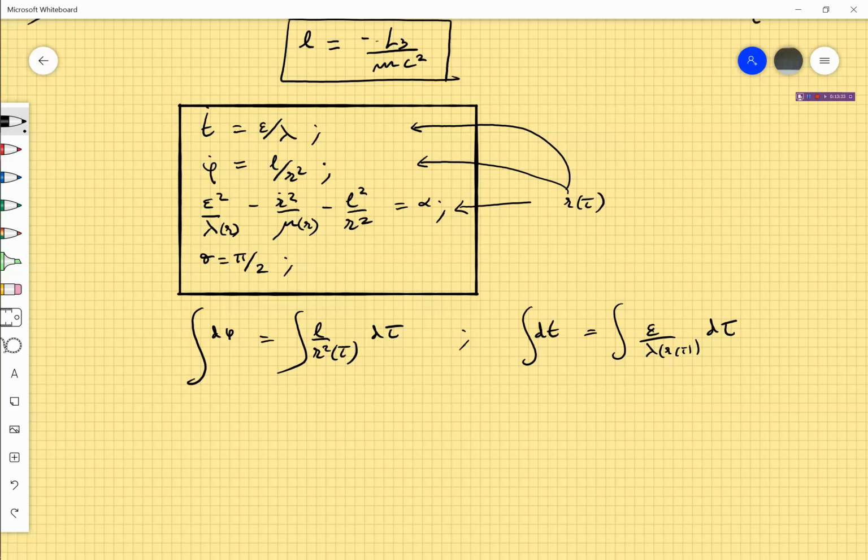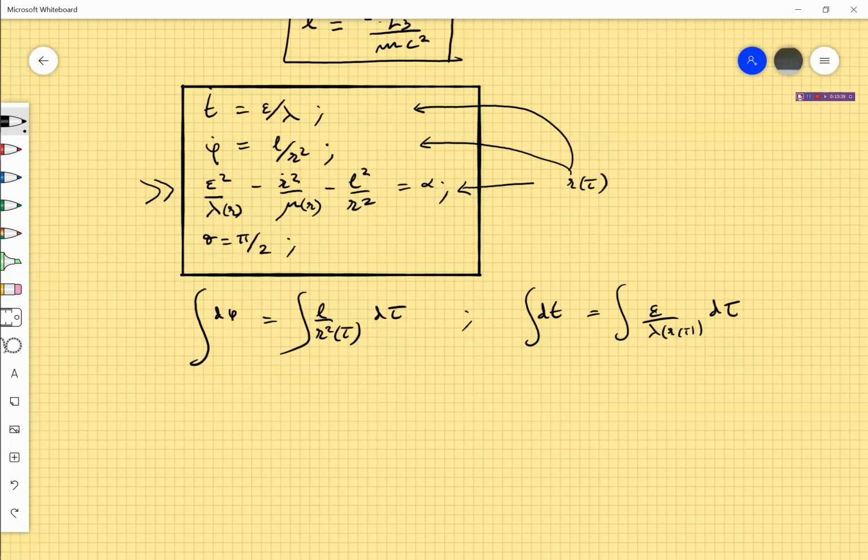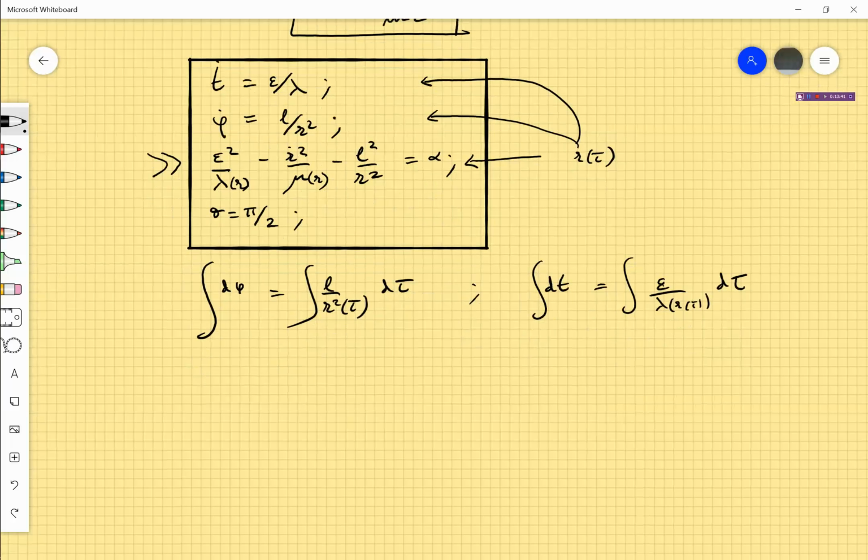So now we are going to focus our efforts on solving this equation, which is the most complicated. And first, notice that you can rewrite it in this form: r dot squared plus V alpha of r equals 0, where V alpha is whatever you have here.